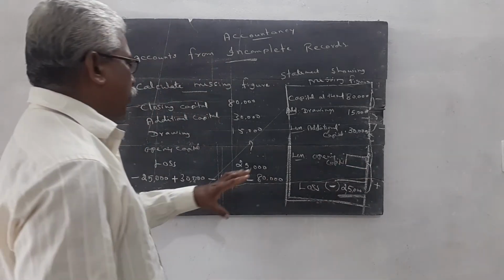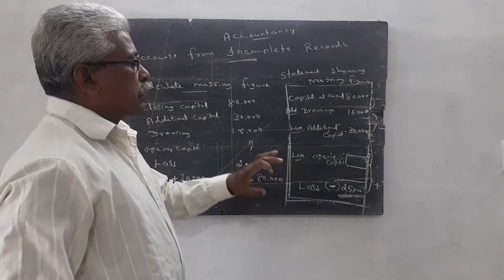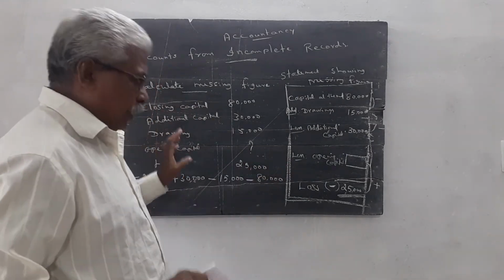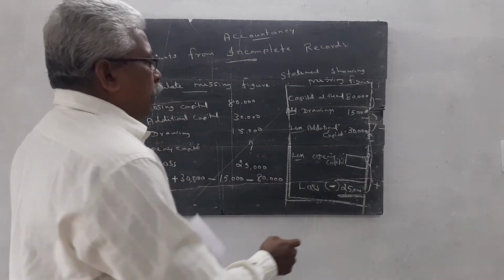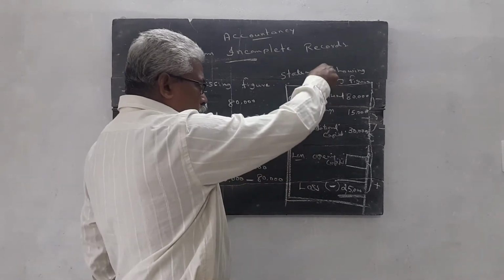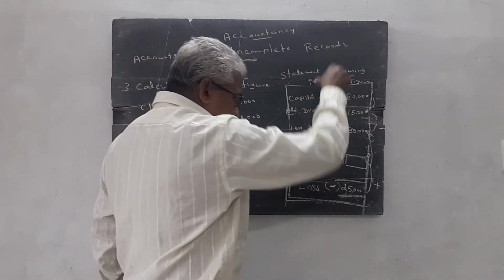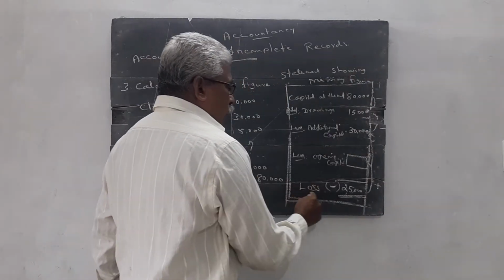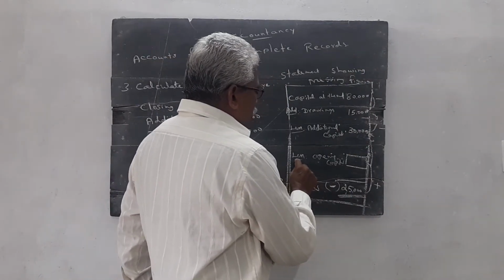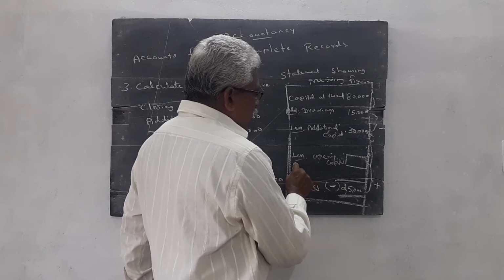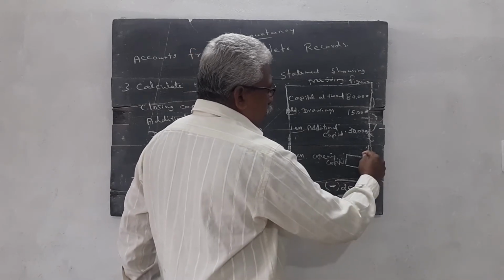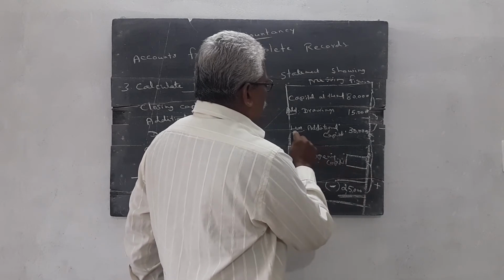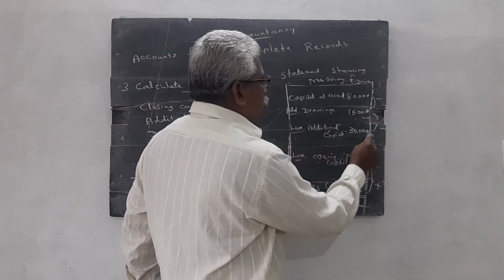Once again I will explain, very important. Please listen carefully. Very important area. If you come from top to bottom, we can easily solve this question. We can come from bottom to top. So here, wherever the instruction is given as less, if you go bottom to top, add. Here the word less is given, we have to add.